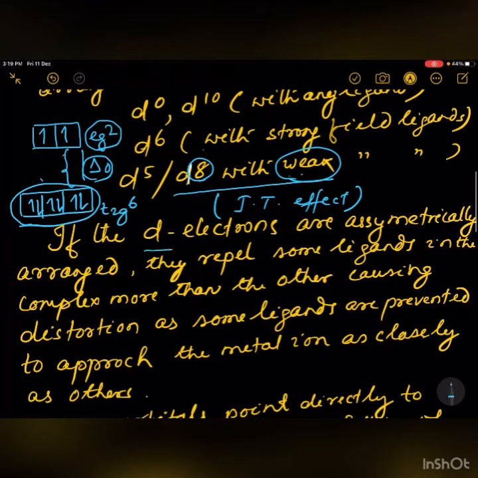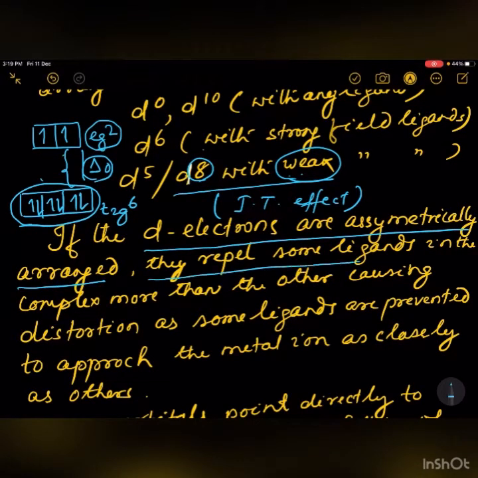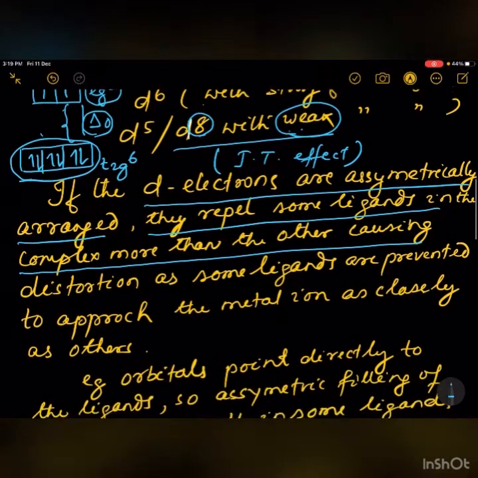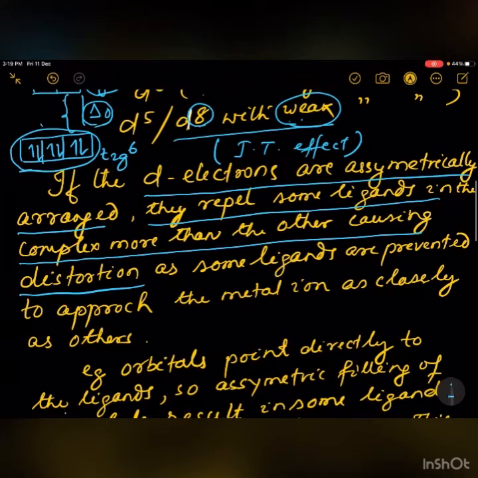If the d electrons are asymmetrically arranged, they repel some ligands in the complex more than the others, causing distortion. Distortion means deviation from the normal arrangement.